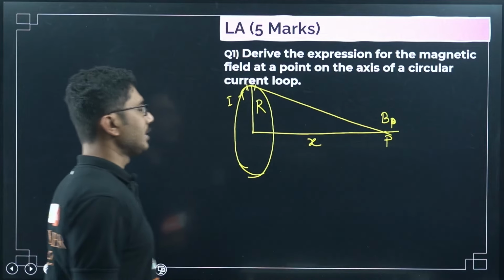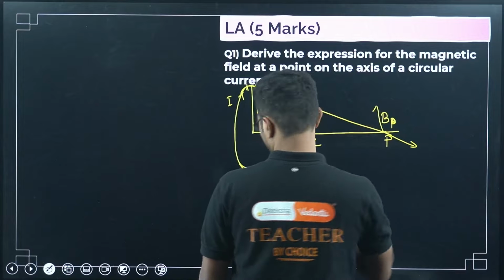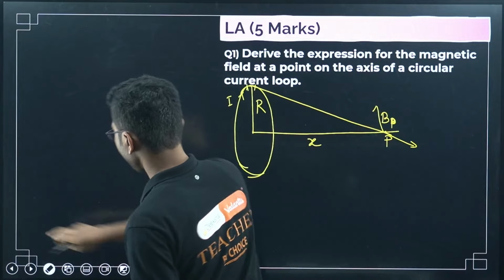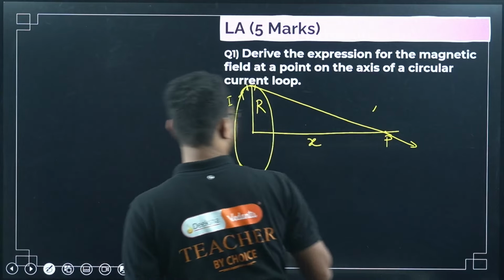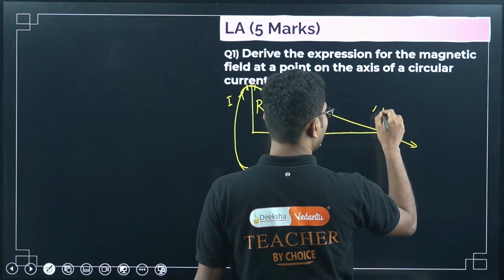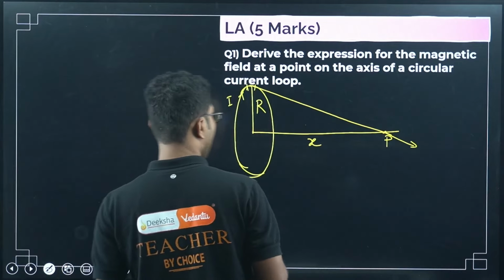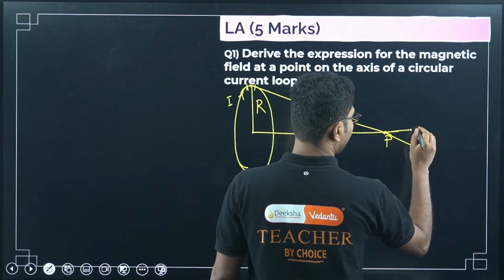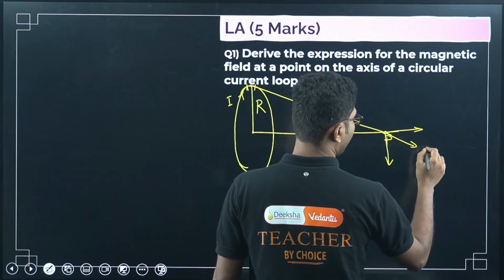Very important question. From there you will get two components, and you have to apply Biot-Savart's law. One component will be along this, one component will be along this. So this will be your dB.